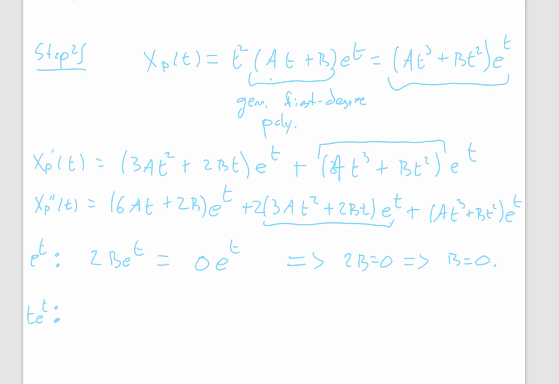Where do I get a t e to the t? I'll get 6a t e to the t. From this term I've got a 2b t e to the t, but b is equal to 0, so I don't have to worry about that. And right here there is no t e to the t term at all.